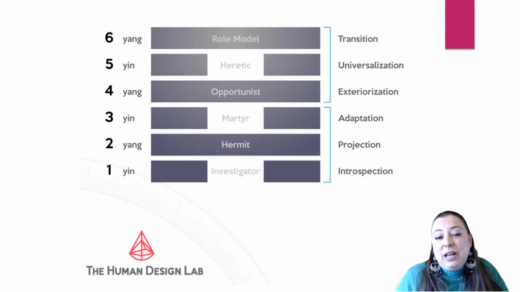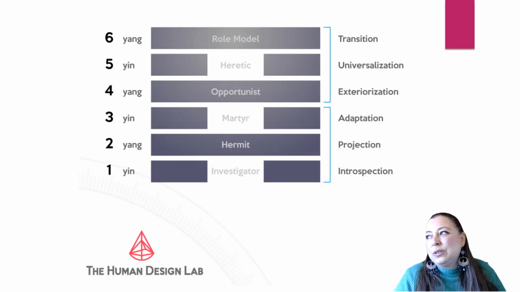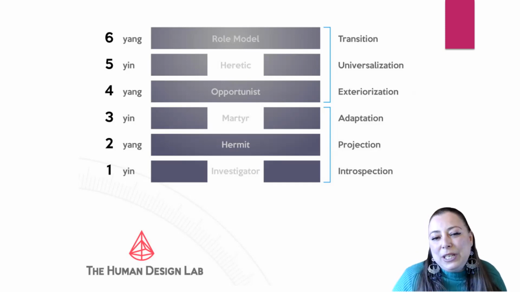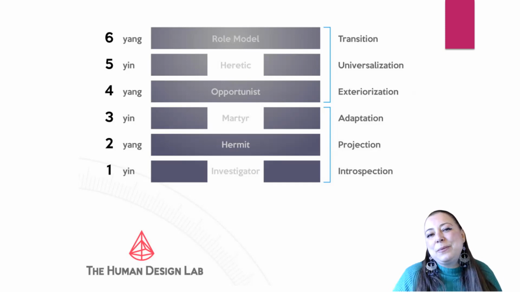Then the third line is again yin in nature, the martyr, the adaptation, in order to be flexible and fluid. You need yin energy, which is being open for penetration.